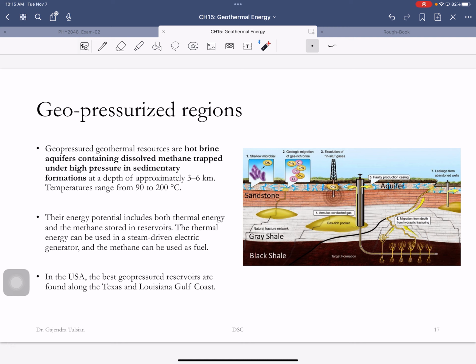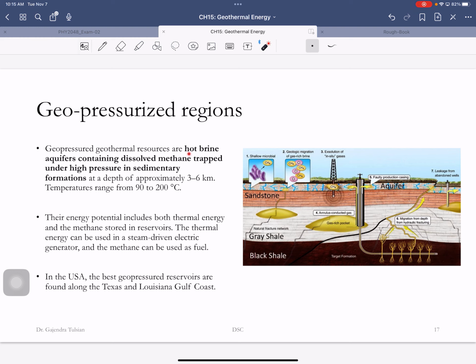All right. So geopressurized regions, what this is showing you is that bacteria will produce methane, and this methane can get into gas-rich brine, salty water mixed with methane, which can travel down and collect in geopressurized regions.